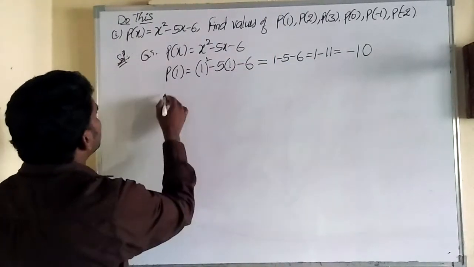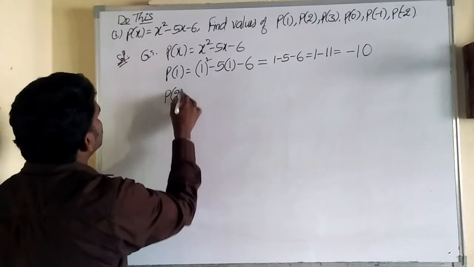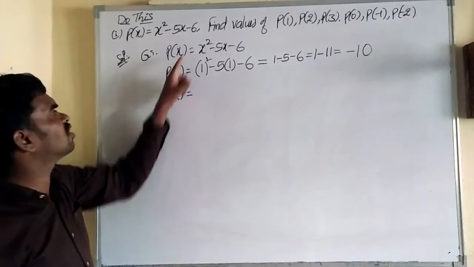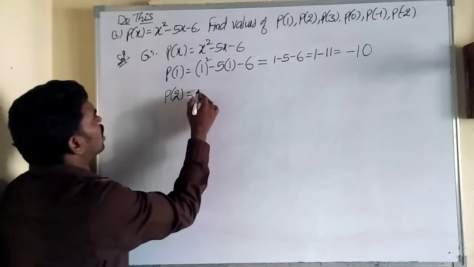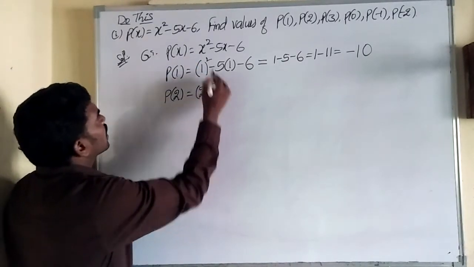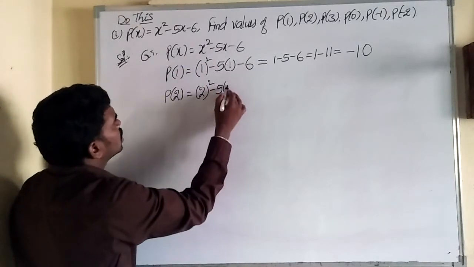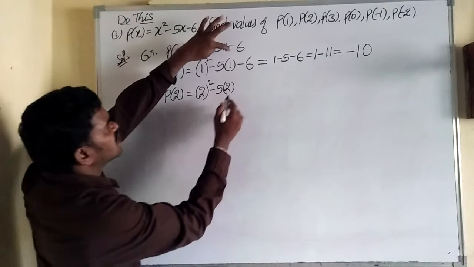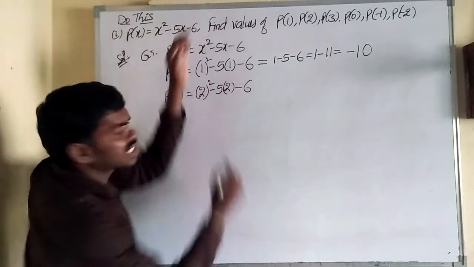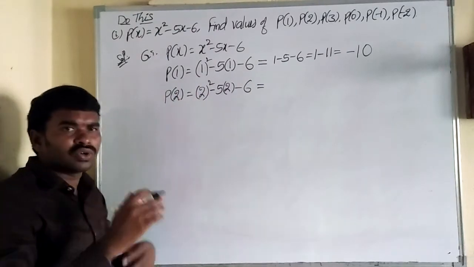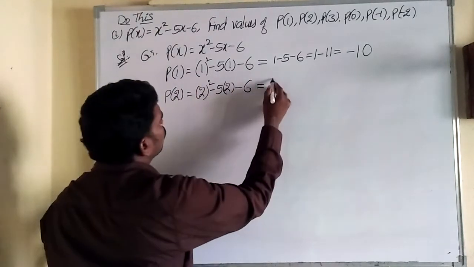Next, find p of 2. Substitute 2 in place of x. x square means 2 square, minus 5 times x which is 2, minus 6. 2 square means 2 into 2, 4.